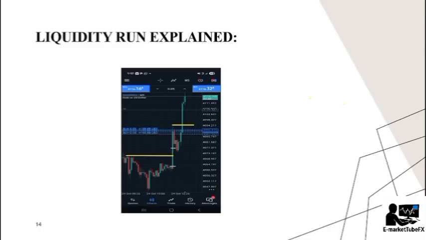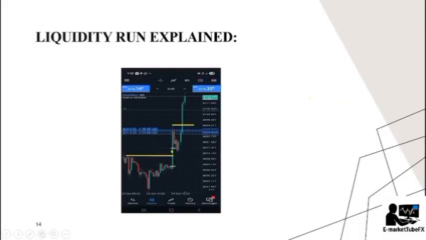Now let's continue. Another example of what influenced my decision for taking this trade is what you've seen on your screen. This is a liquidity run which was happening on the market, which made me join this particular trade. Look at what happened after price broke this structure. Over here we have a break of structure.